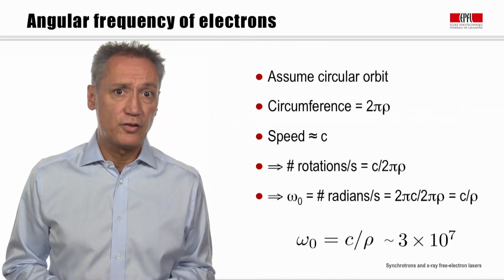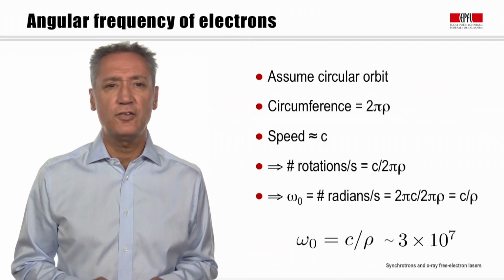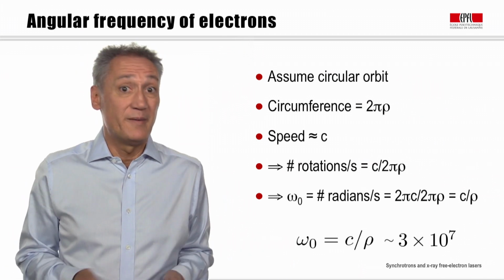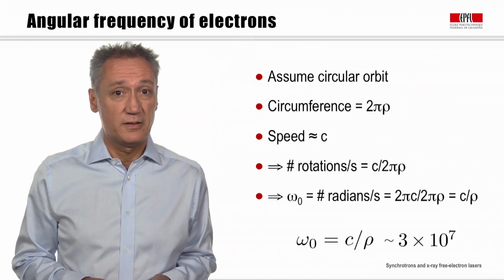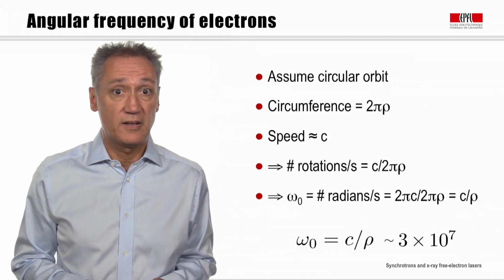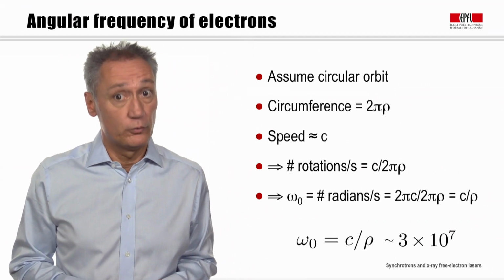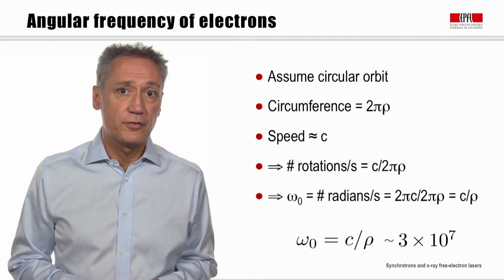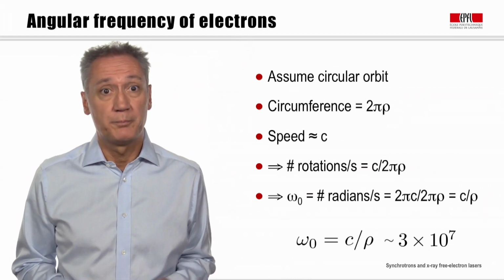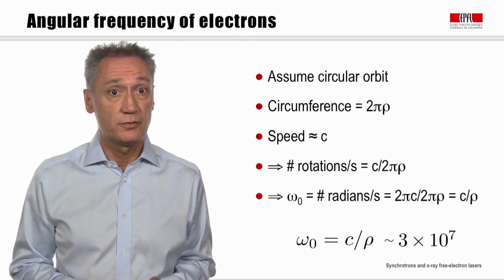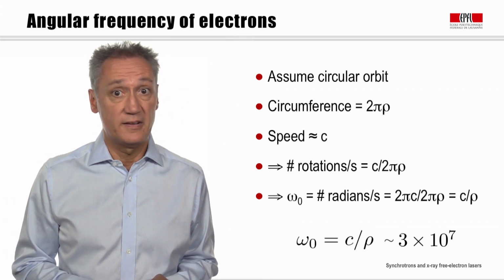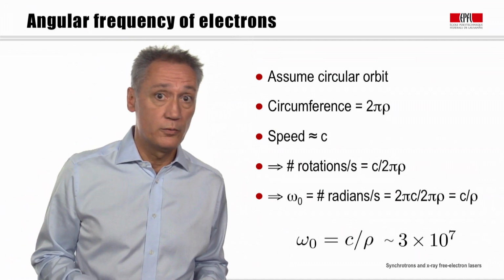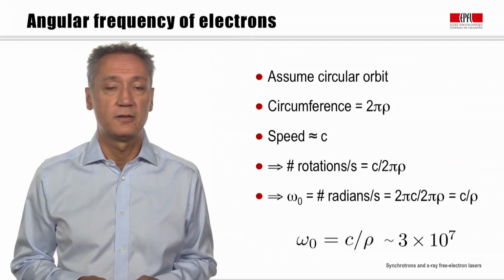To simplify the determination of this, let's assume that the orbit is perfectly circular, although even for real storage rings consisting of straight and bent sections, the result holds true. The orbit circumference is simply 2 pi rho, and a relativistic electron with a velocity close to c will thus execute c divided by 2 pi rho revolutions every second.